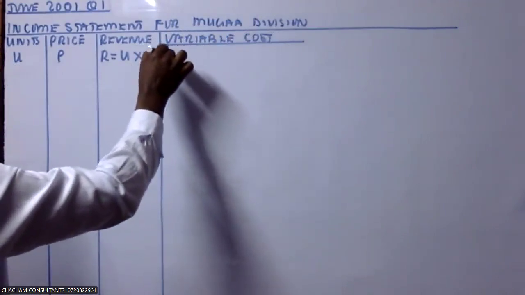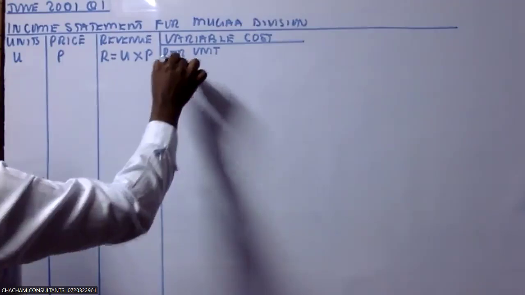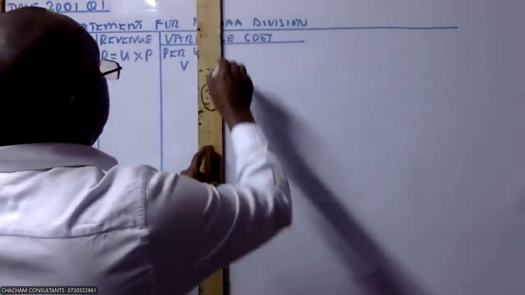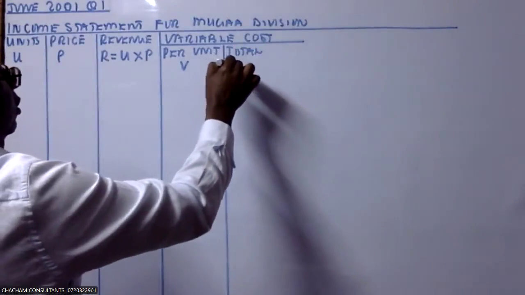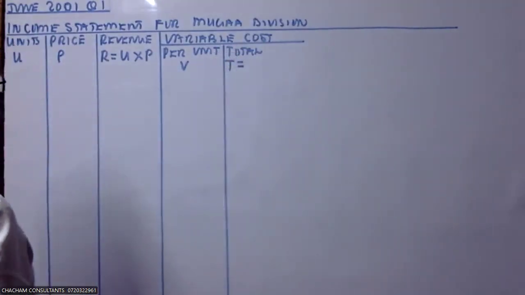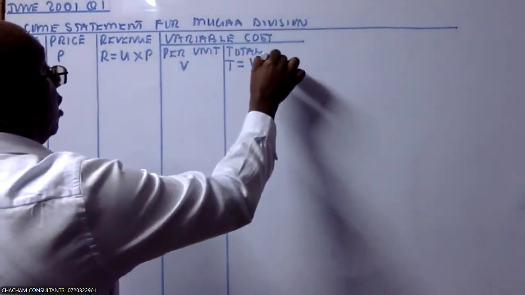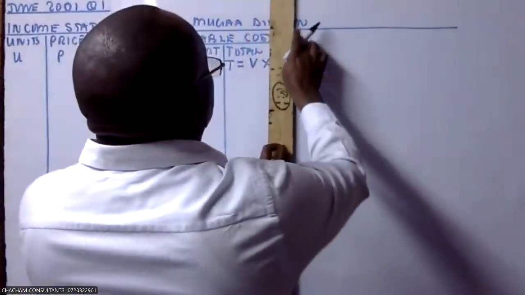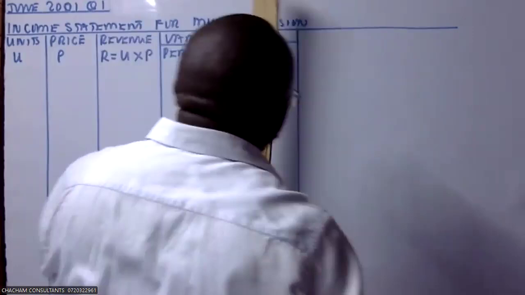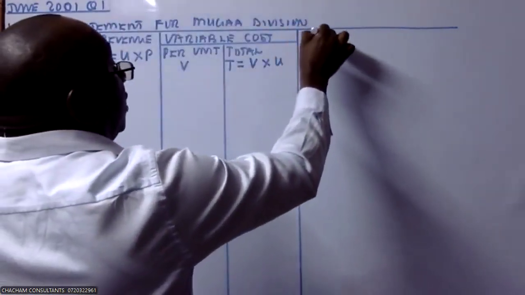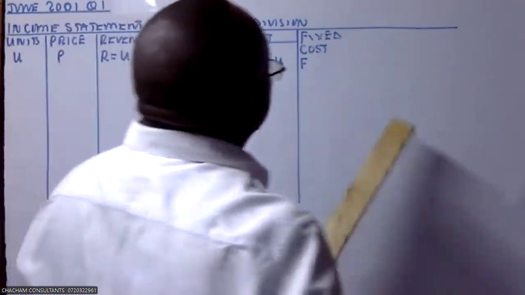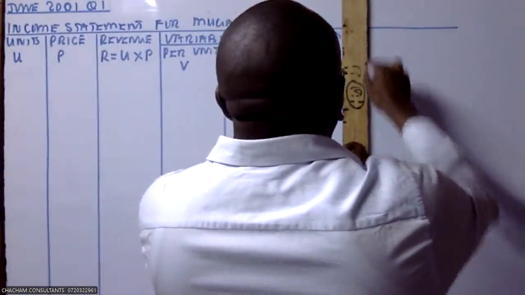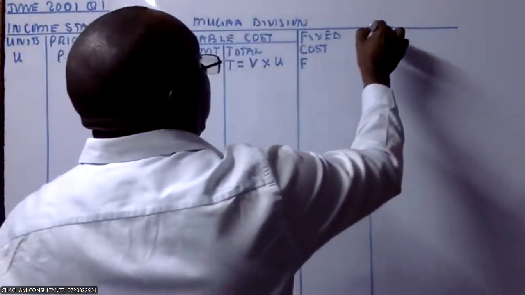Now, variable cost I have per unit, which I want to call V. Then I will have total T. It will be equal to V times U. Then I will have the fixed costs, F. Just call it F. And then I will have the profit.